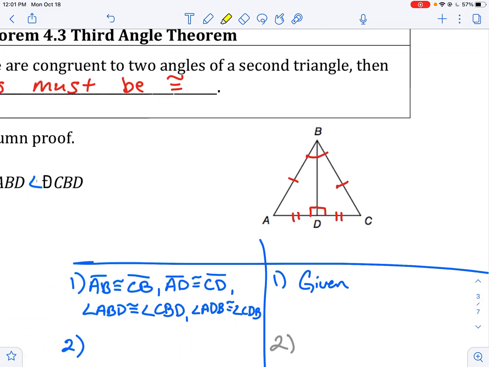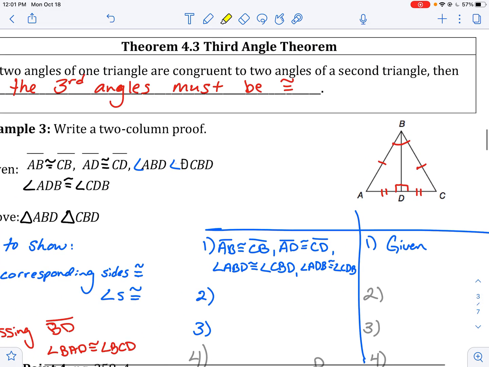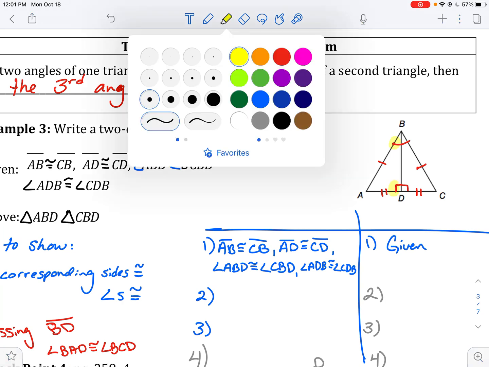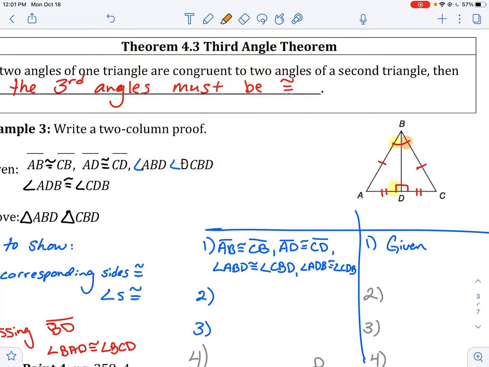But I can use a theorem that we just learned in class, the third angle theorem, that says that if I have two pairs of angles that are congruent, then the third angles in those triangles must also be congruent.